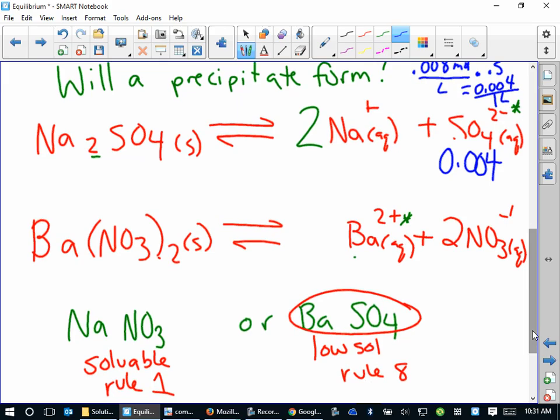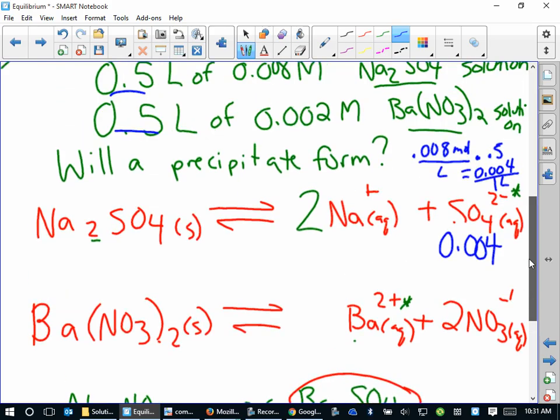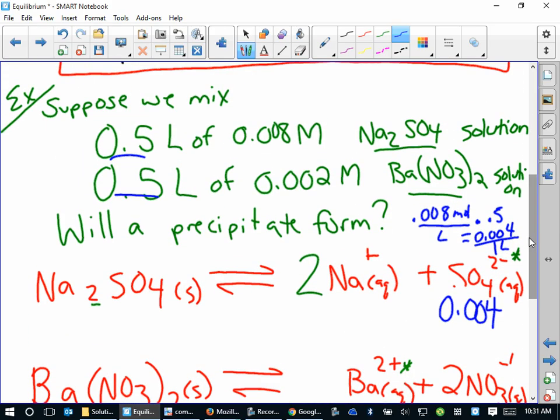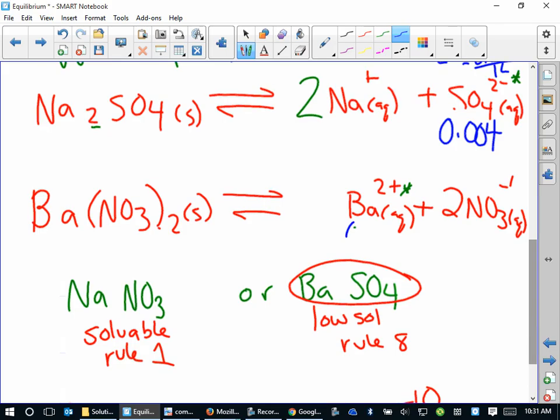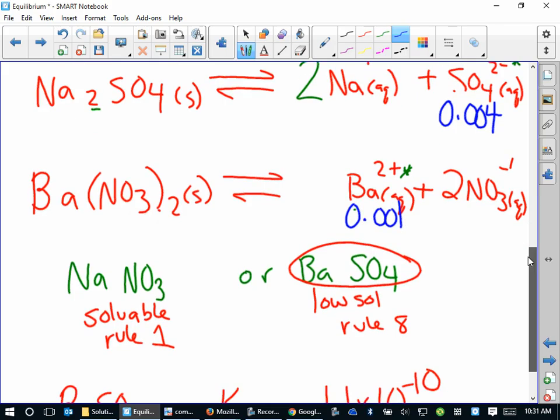Using that same principle, the concentration of Ba, well, we had 0.002 moles in half a liter. Now we've increased to 1 liter, so we have diluted it by a half. So we have 0.001 moles per liter.